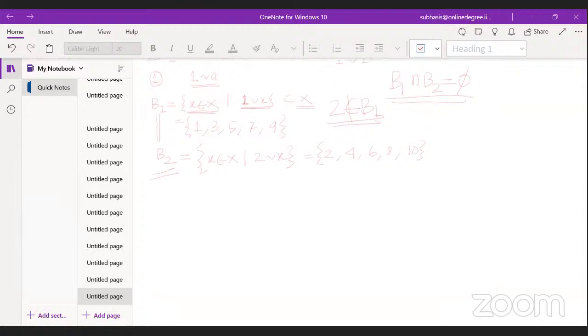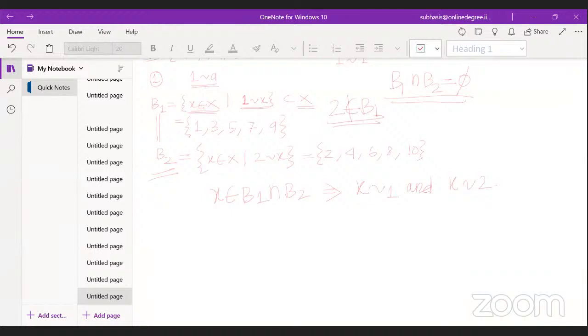So suppose there is a member X belonging to B1 intersection B2. Then by the definition of B1 and B2, X is related to 1 and X is related to 2.